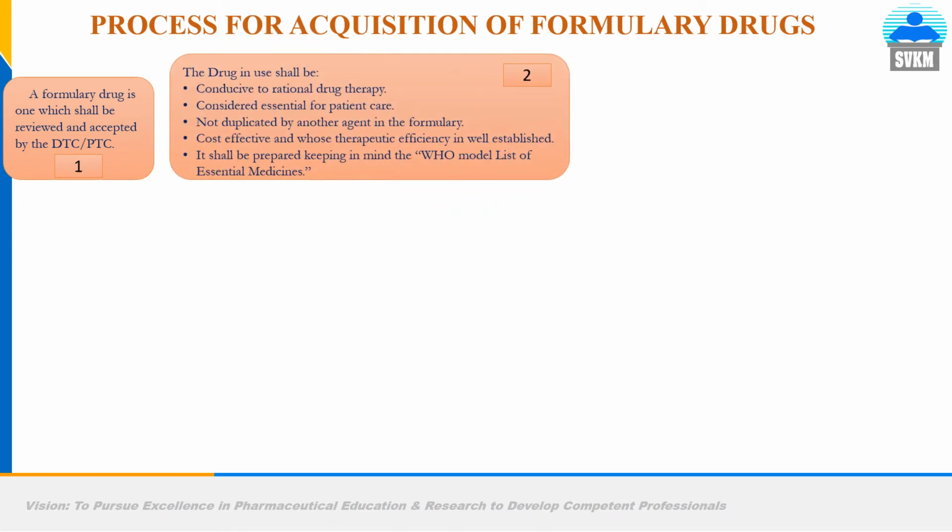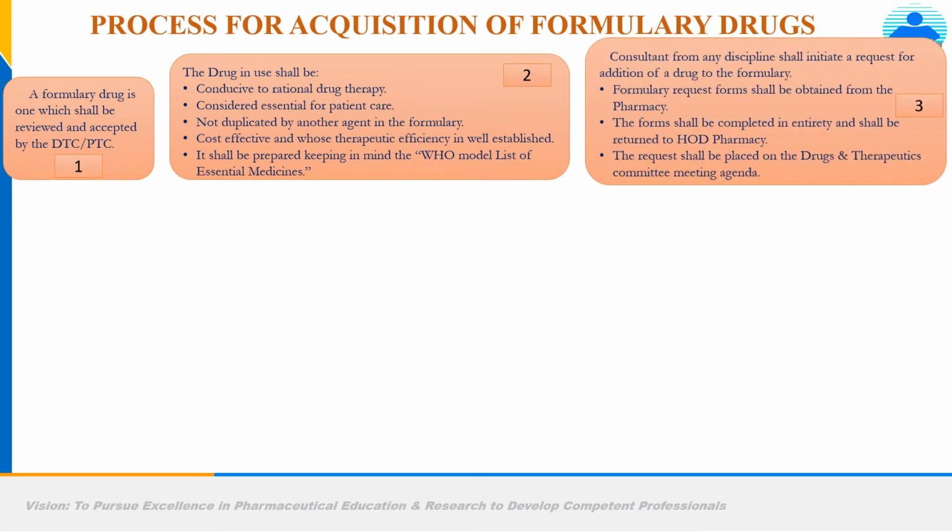The drug in use shall be conducive to rational drug therapy, considered essential for patient care, and not duplicated by another agent already present in the formulary. It should be cost effective and its therapeutic efficacy well established, not a newer drug. It shall be prepared keeping in mind the WHO model list of essential medicines.